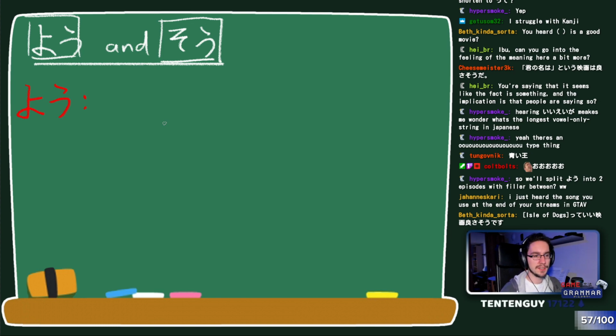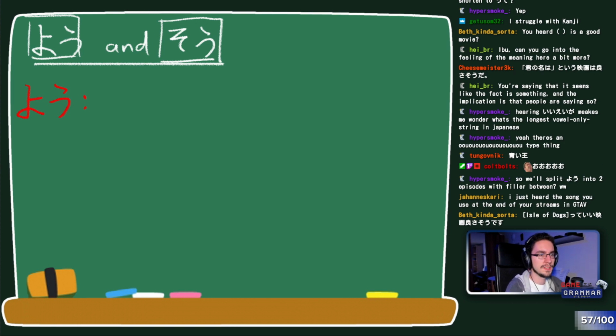Or っていい映画だそうです. I was told it's a good film, so we have to make sure that we don't say good twice. Because 良さそう means it seems good.